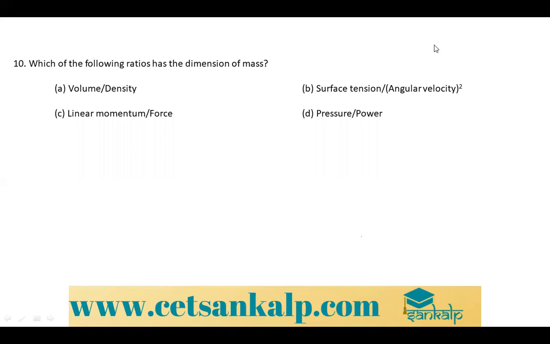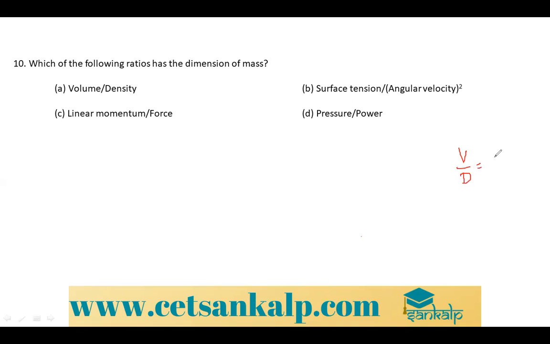Okay, the next problem: which of the following ratios has the dimension of mass? If I want to check that, you have to check with the options one by one. So now we'll go with the first option. They have given volume by density.